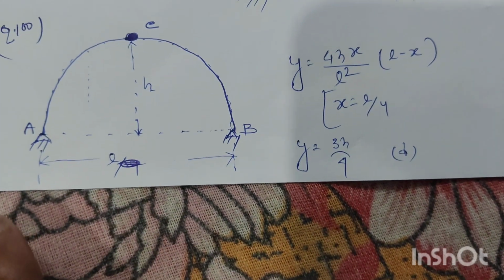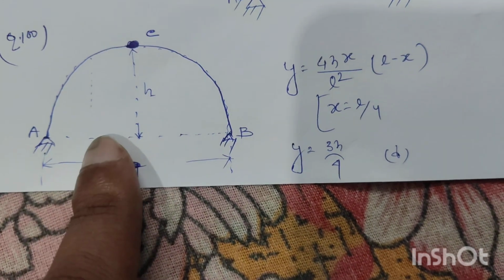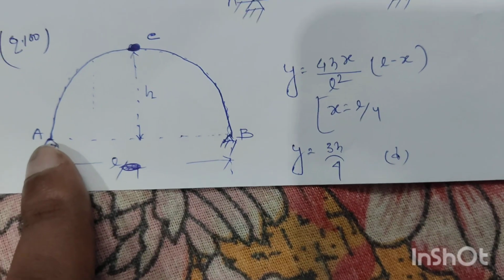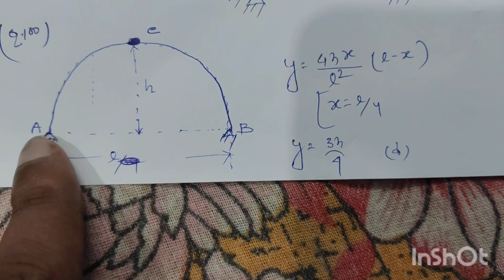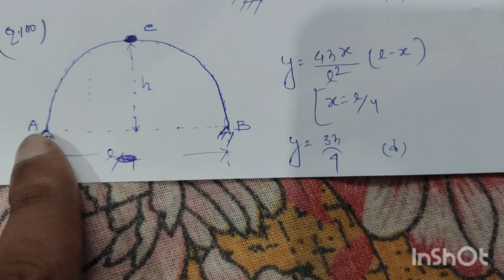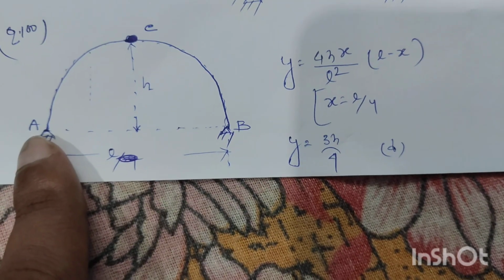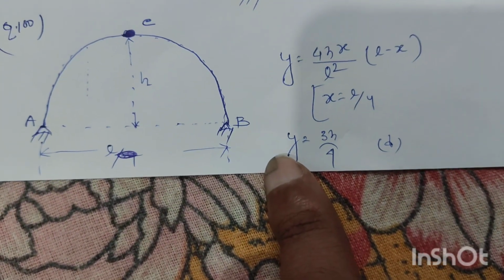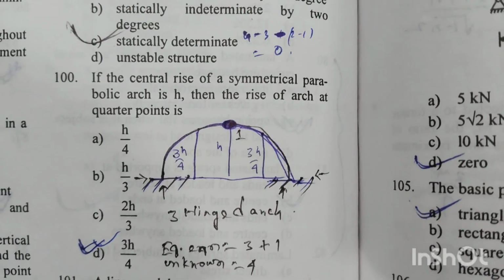And if we want to find out the rise of arch at the quarter point, that means x equal to L by 4 from the A. So if we put the value of x equal to L by 4 in this equation, y will be equal to 3h by 4. Option D is right answer.